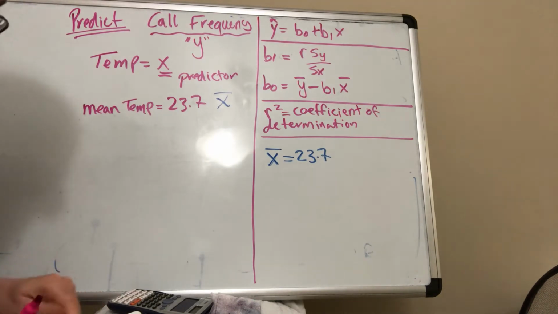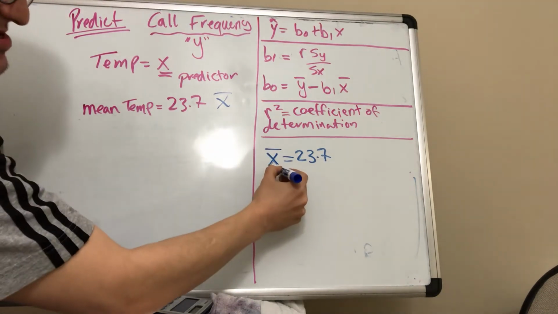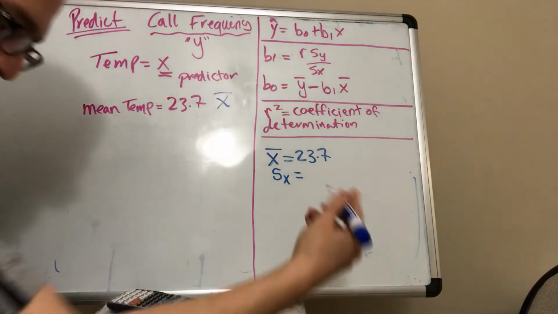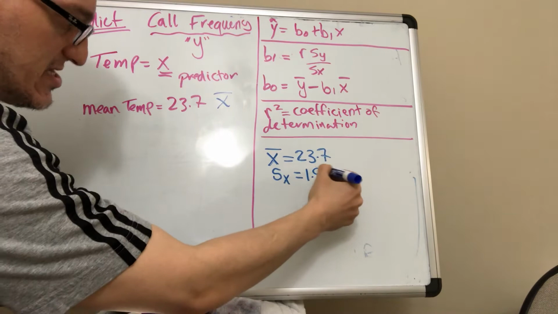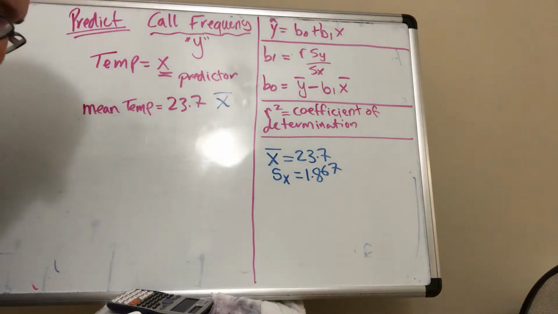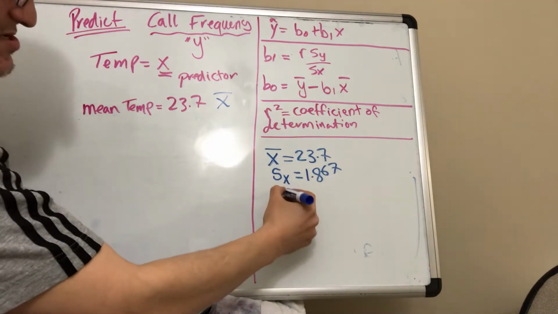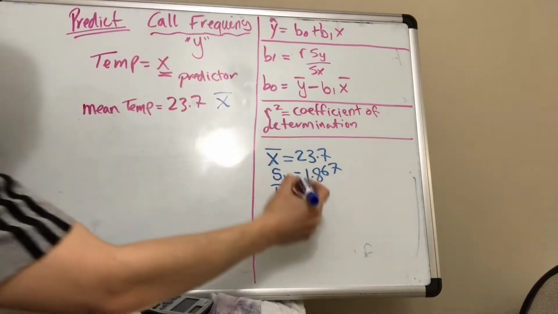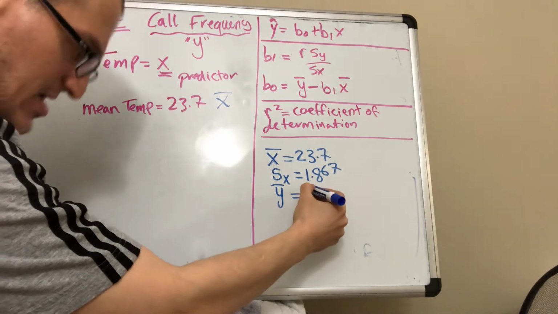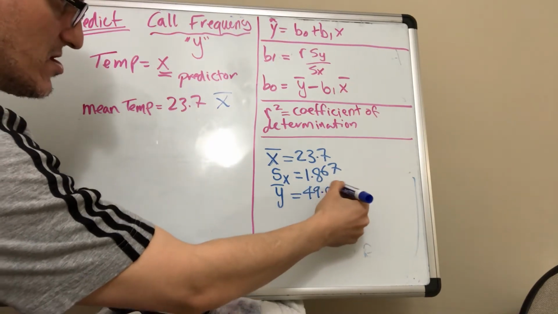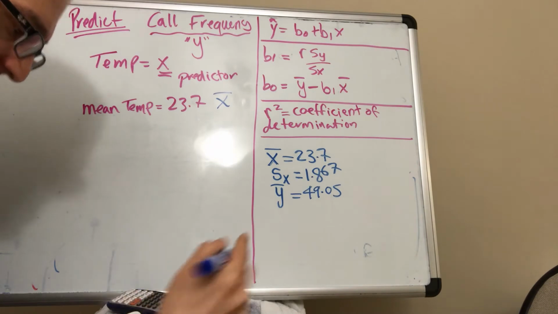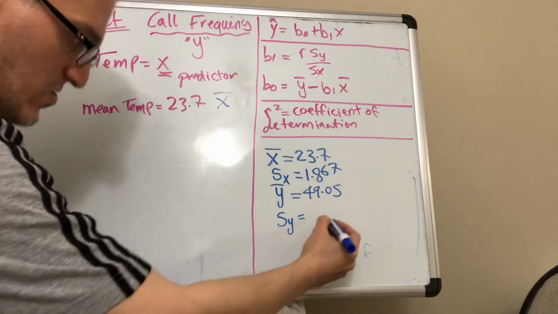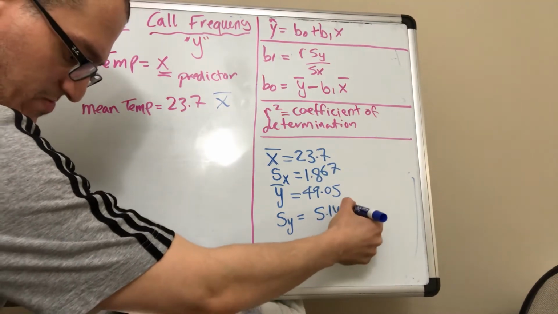The standard deviation of temperature, that's the standard deviation for x, because temperature again is x, and that's also given: 1.867. The mean of frequency, that's y bar, because frequency is y. So your y bar is 49.05. And the standard deviation for frequency, that would be S of y, and that's 5.145.